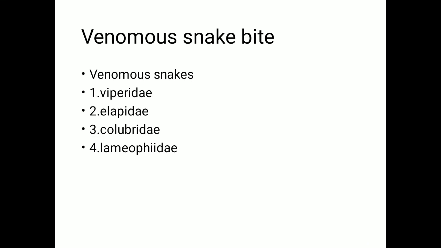Colubridae is a large family in which most of the species are non-venomous. And the last one is the Lamprophiidae, where we have burrowing asps. These are a few examples under each family of snakes. So the four important families of snakes are Viperidae, Elapidae, Colubridae, and Lamprophiidae.